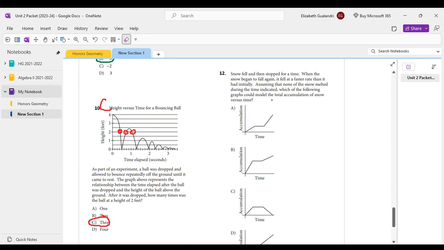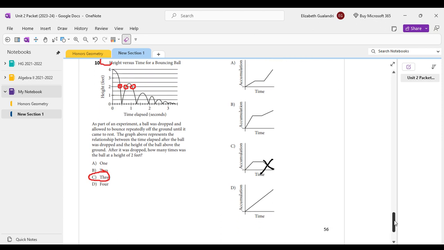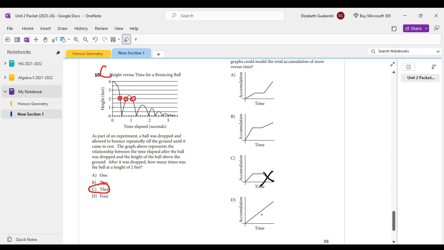Last but not least, snow is falling. So snow fell, then it stopped for a time. When the snow began to fall again, it fell at a faster rate than it had initially. So assuming none of the snow melted, we're going to take this one off there, because the snow would be melting, since it would be unaccumulating there. We want to know which one models it versus the time. This bottom one would also include that the snow is accumulated at the same time.